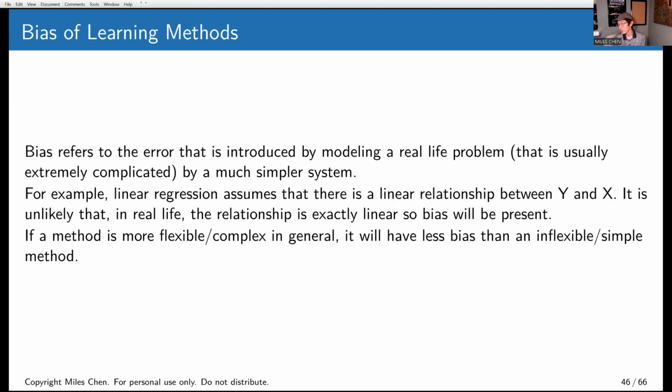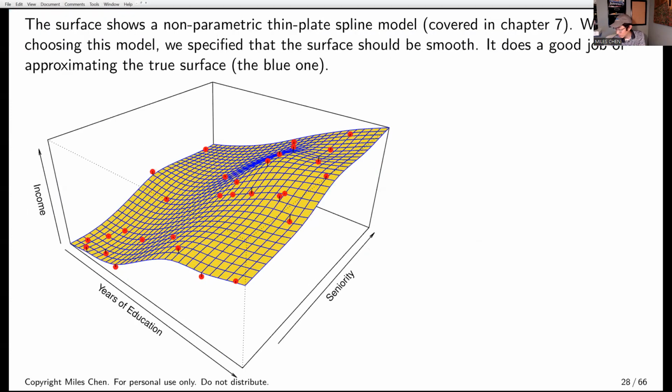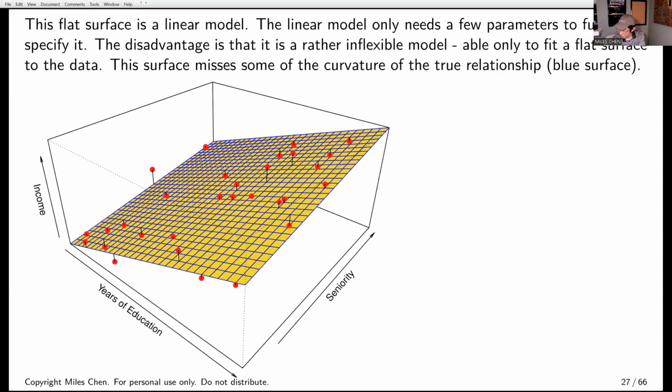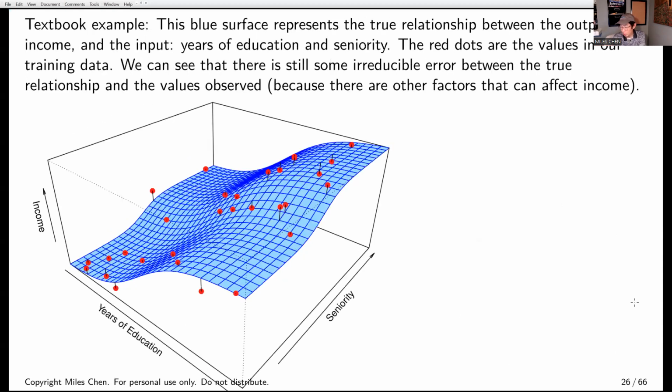Bias refers to the error that's introduced by modeling a real life problem with a much simpler system. So the bias is the difference between basically the best your model can do and the true relationship. Let me go back a few slides. This model is a flat plane, and we're trying to use it to model the true relationship in blue here.